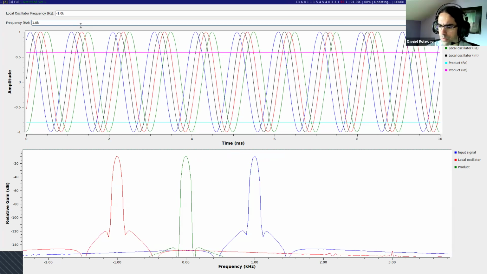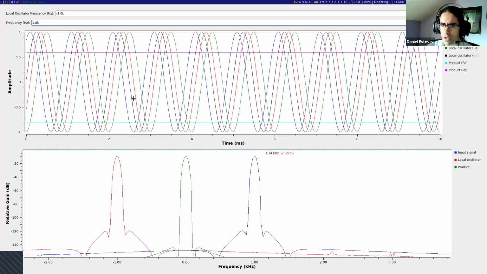Okay. So to summarize, what happens with complex signals is that first of all, we are able to distinguish between positive and negative frequencies because we can compare the imaginary part and the real part and look at which of them is leading, which of them has peaks coming before the other one. Complex signals are easier to work with for many useful simple operations, such as frequency translation.